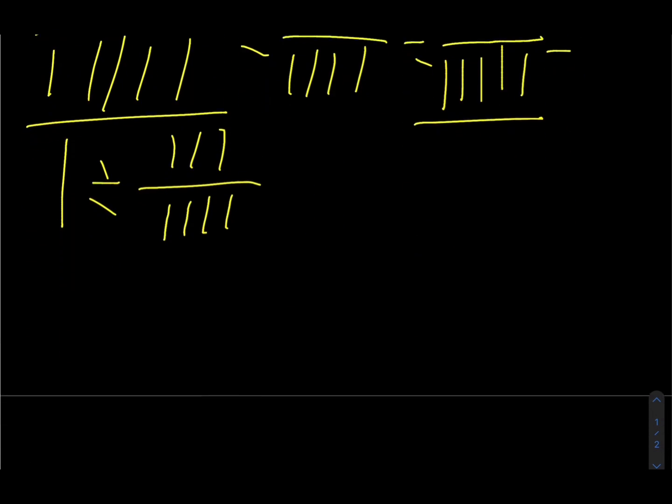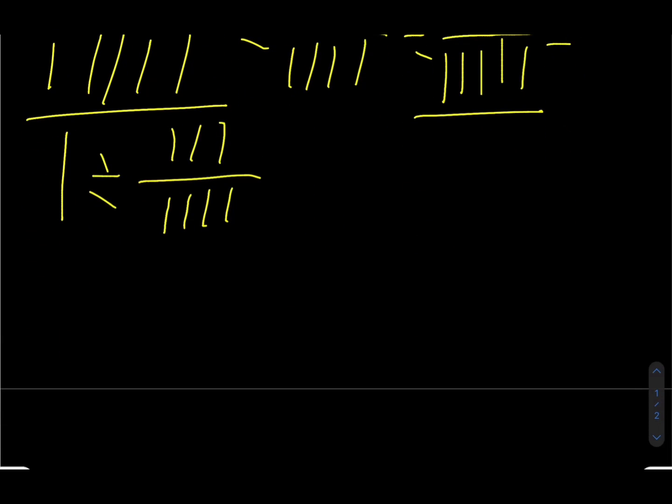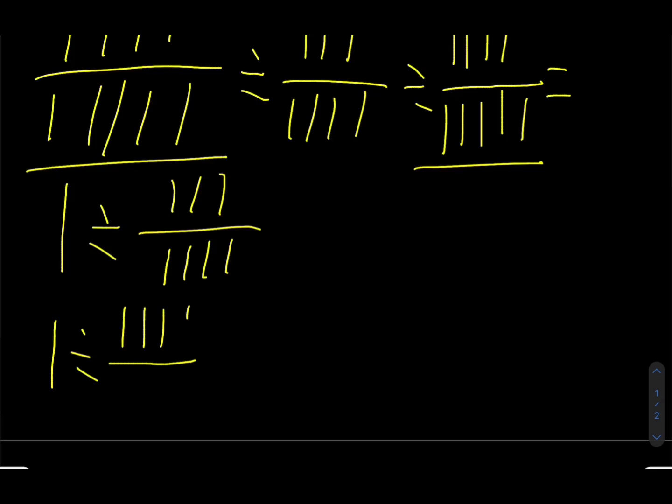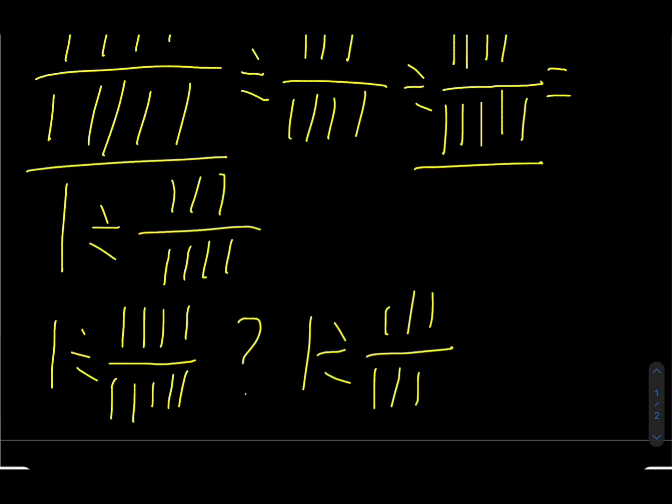So after rewriting, we are now comparing 1 divided by 1,111 divided by 11,111, and the other number is 1 divided by 111 divided by 1,111.